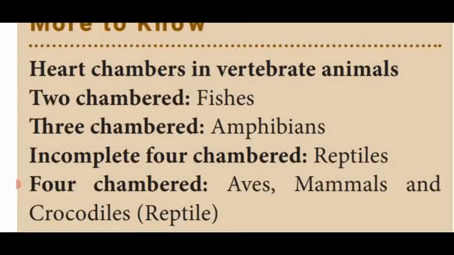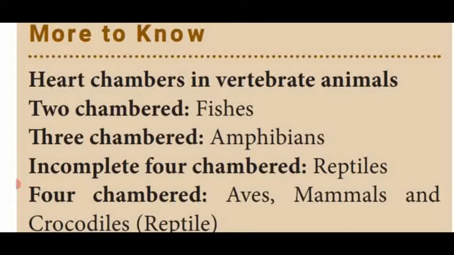Birds, mammals and crocodiles, one of the reptiles, have a 4-chambered heart. This is an important 1 mark question and also a 2 mark question. Write the number of chambers present in vertebrate animals.